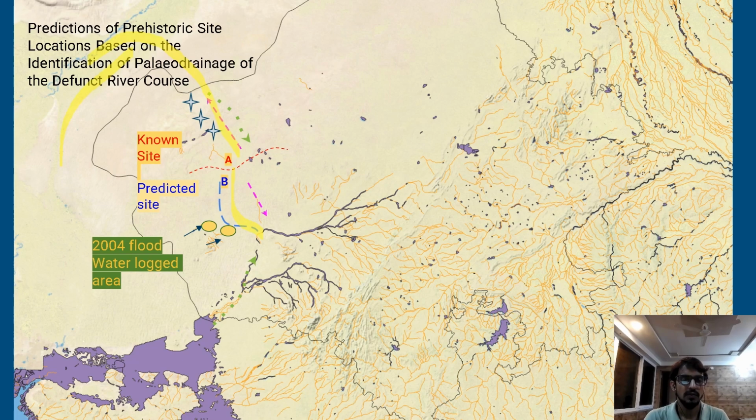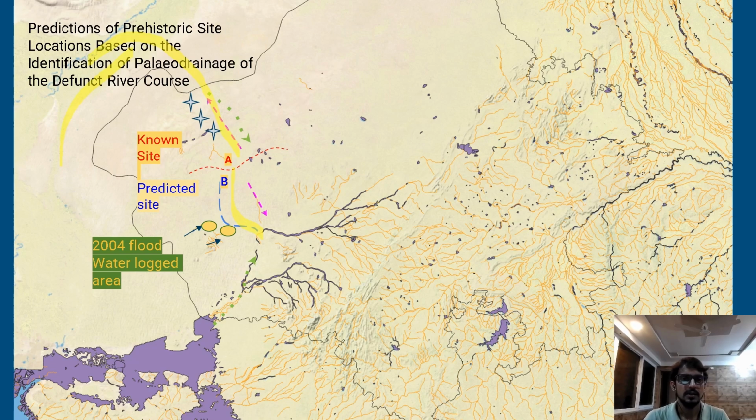But in 2004, waterlogging happened here only, and it did not join the Luni directly because of the massive digs of the industrial mining. So therefore, the waterlogging had happened here.